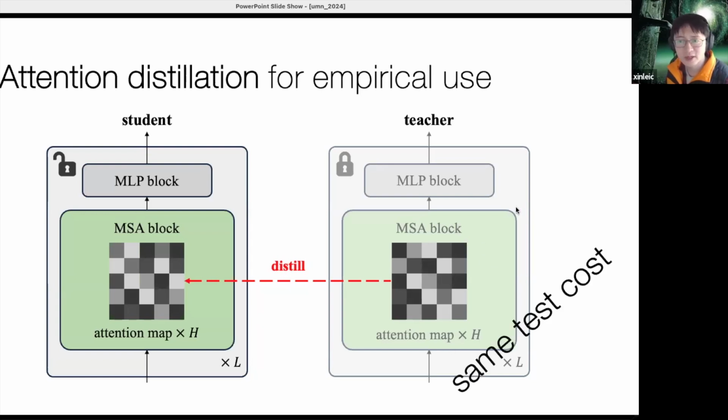And the advantage for attention distillation is that it has the same testing cost. So in the previous case, the attention map is provided from the teacher, the rest is from the student. So you have to forward two networks for the final output. But in the attention distillation case, after training, the student is able to stand alone. So you just forward the network once for the final output.